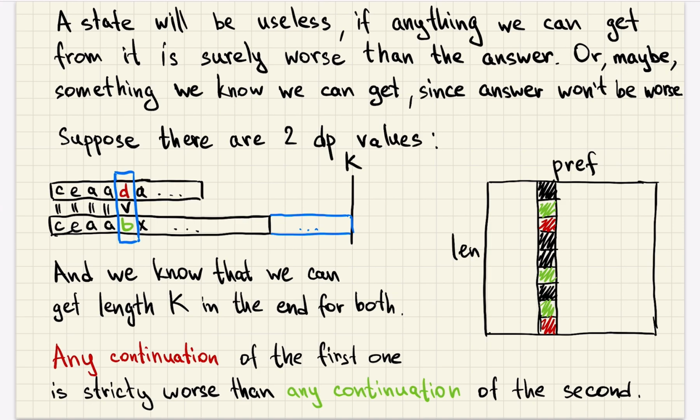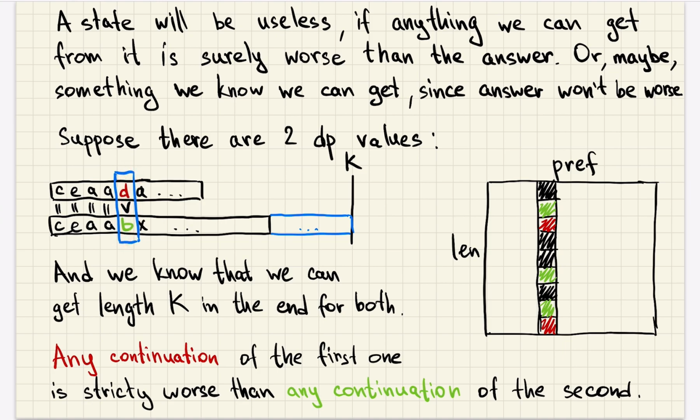What I want to say is that this first state is useless then, because anything we can get starting from that state, like we can only change this suffix, but anything we can get from the second state will be better, will be lexicographically smaller, because lexicographical comparison will look at this position, and this position is already fixed.